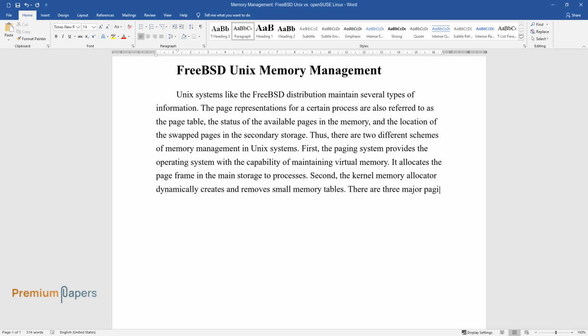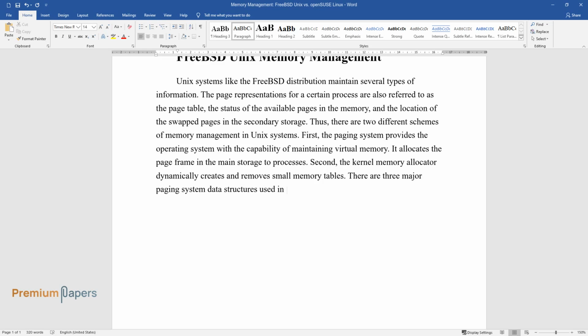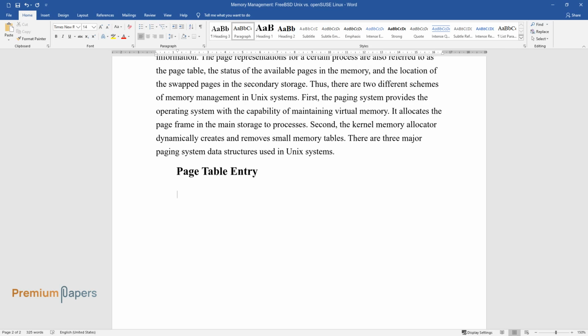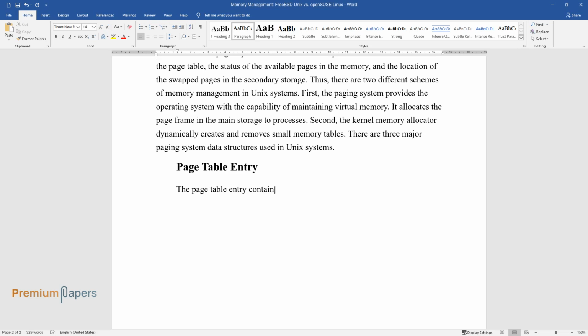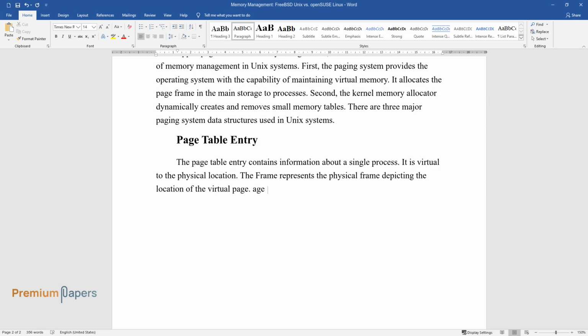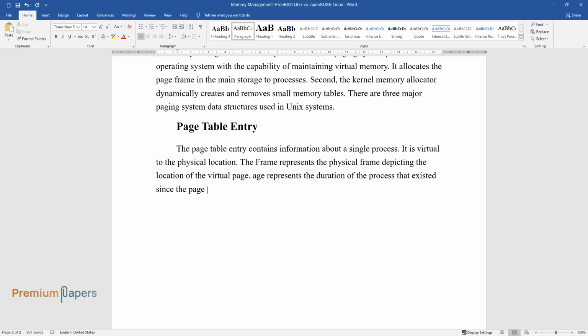There are 3 major paging system data structures used in Unix systems. Page table entry. The page table entry contains information about a single process. It is virtual to the physical location. The frame represents the physical frame depicting the location of the virtual page. Age represents the duration of the process that existed since the page was used.